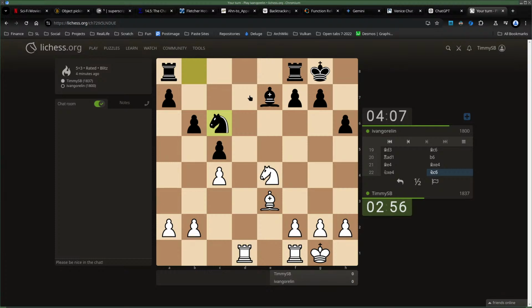Could go here and then nothing. Just develop the rook. Everything is defended by this bloody knight.